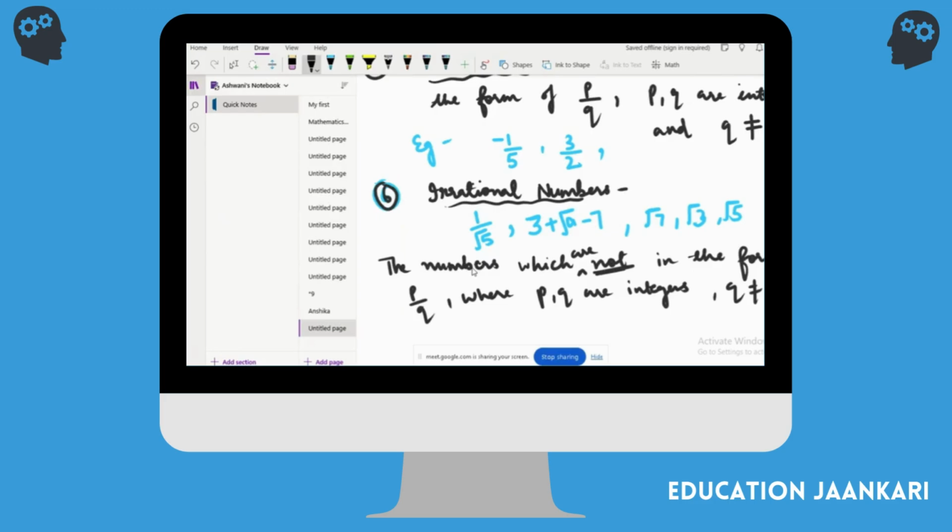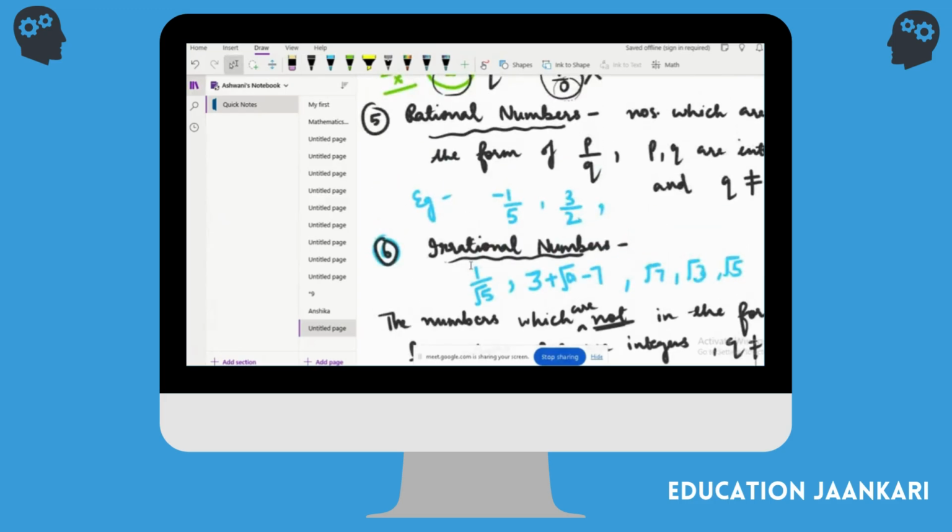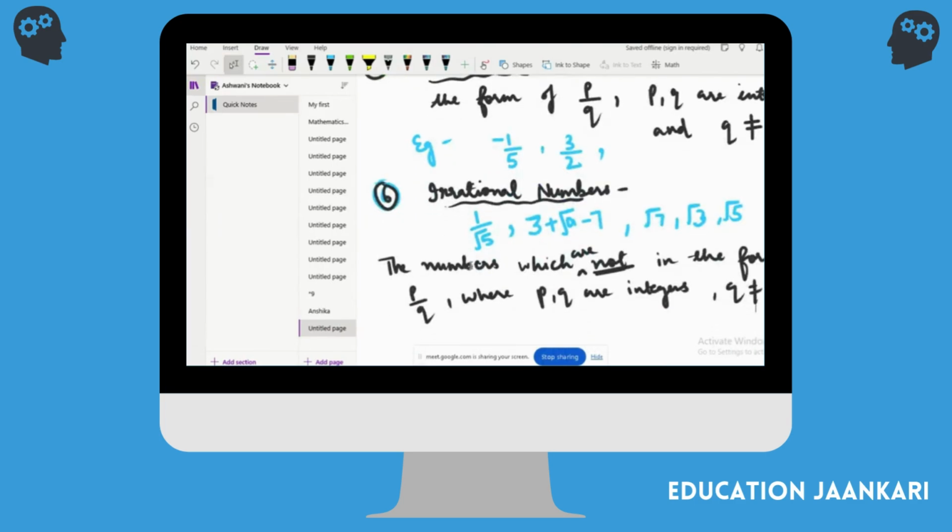Rational numbers are in the form of p upon q, where p and q are integers and q should not be equal to 0.